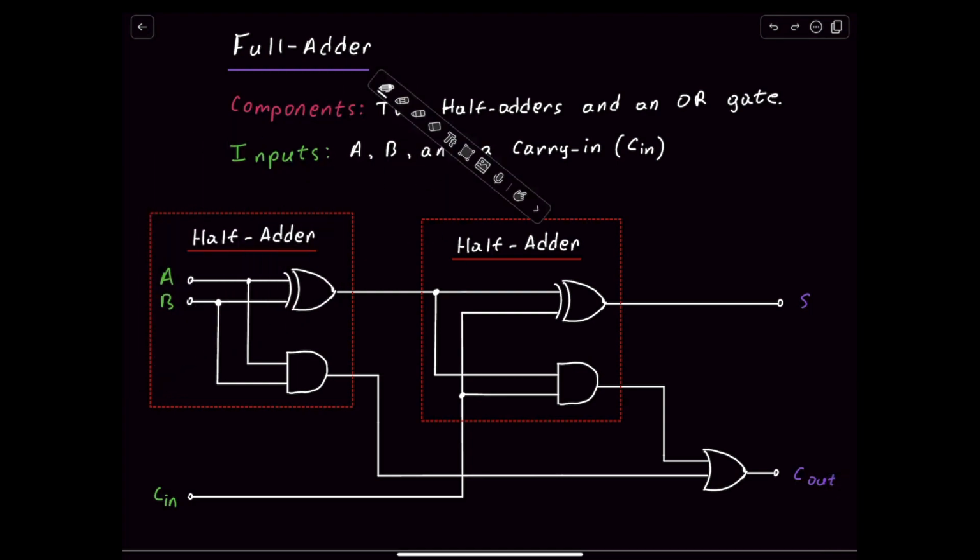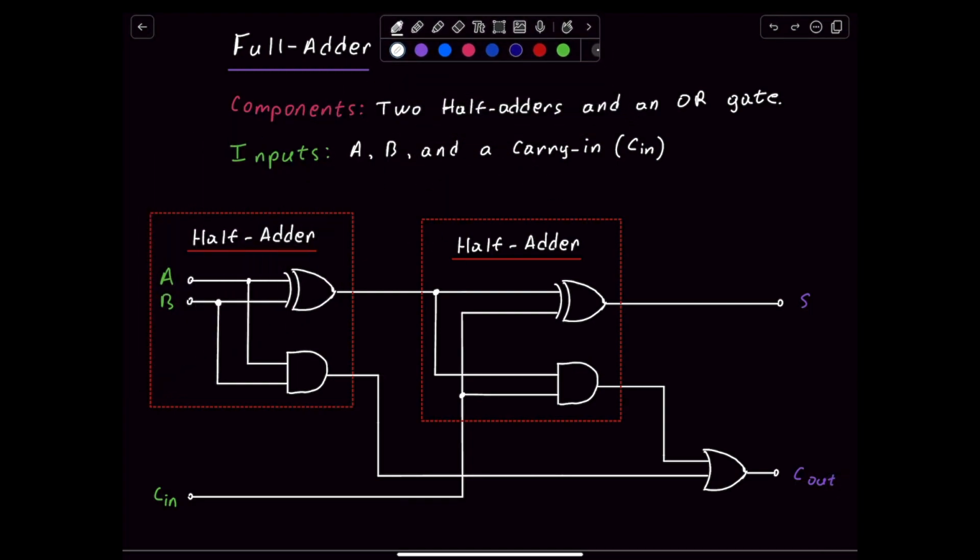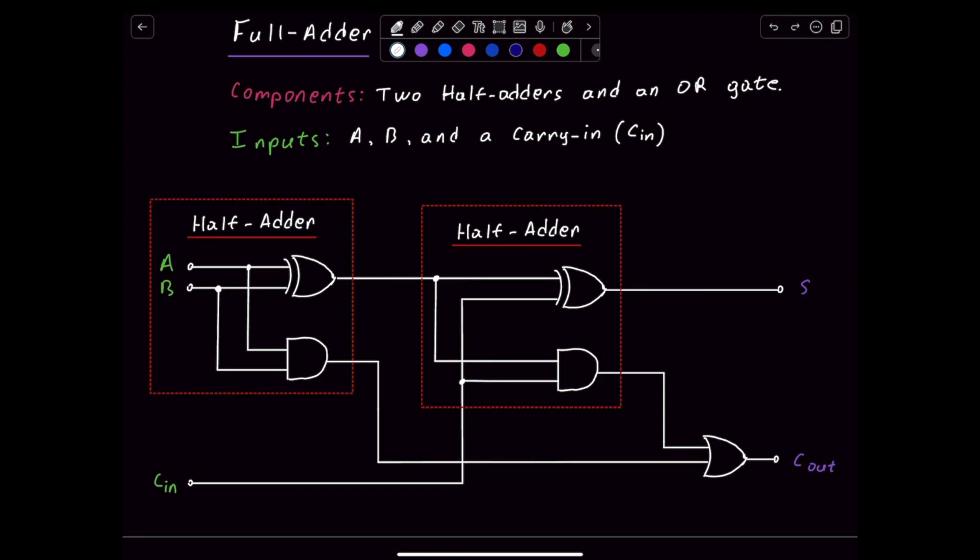And let's talk about the FullAdder. So the FullAdder is just 2 half-adders and 1 OR gate. So if you want, you can take a close look at how it works. You can trace the circuit and figure out why it works and how it works. What this does is it's basically just taking an additional input, and that additional input is the carry in.